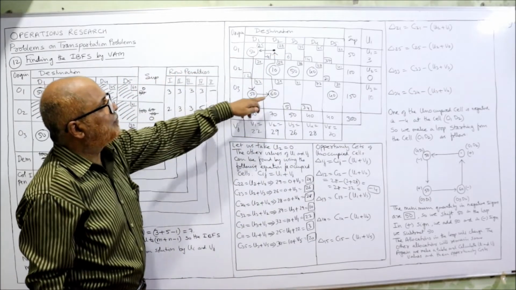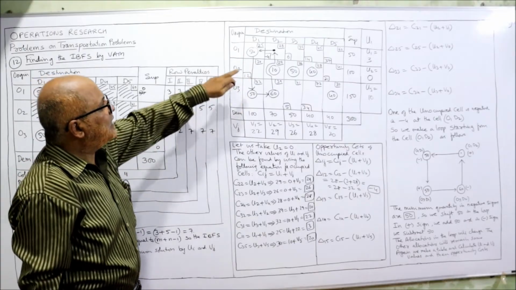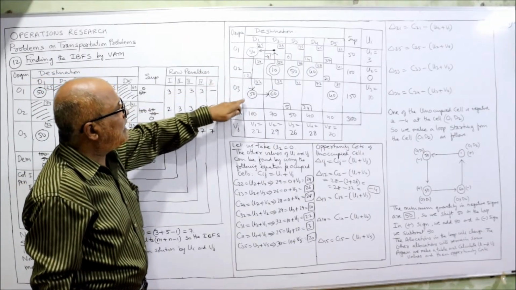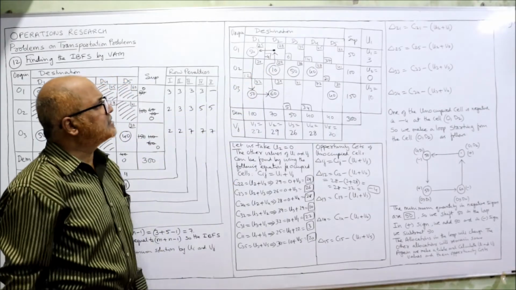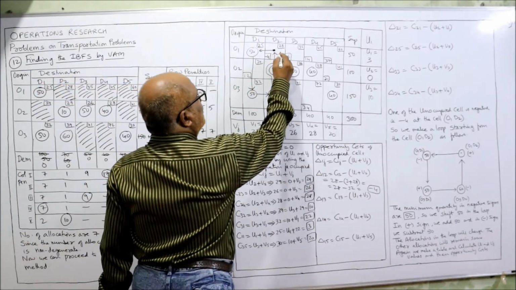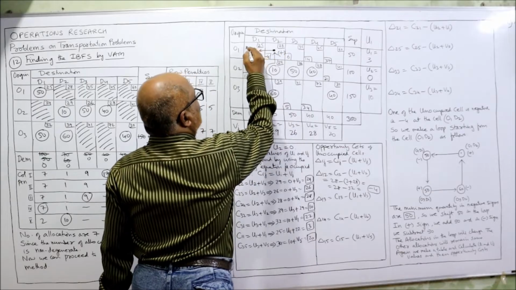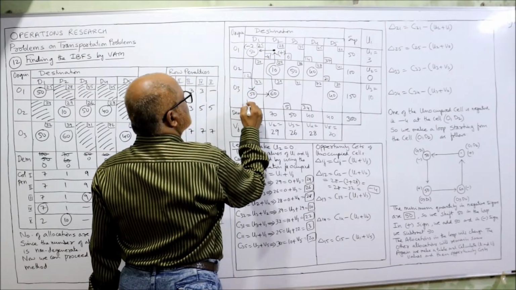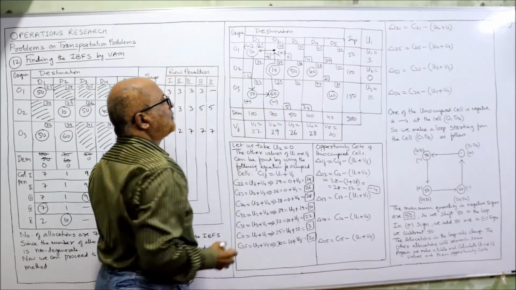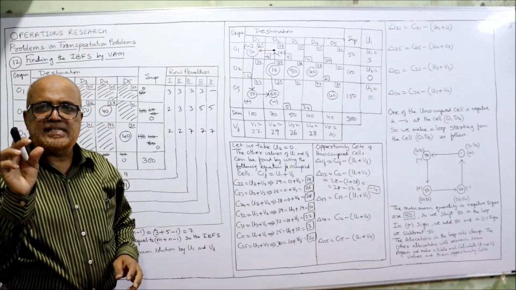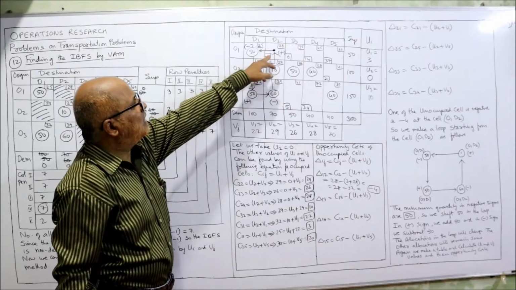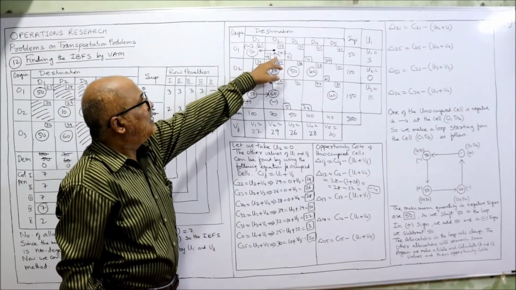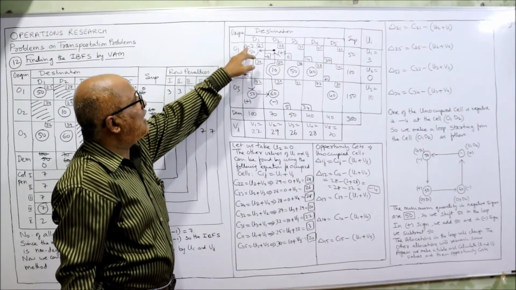This is the loop, because I am making a 90 degree angle wherever I am taking a turn. Here, just skipping this occupied cell. So now I will mark positive, negative, positive, and negative. Starting from the cell where we are starting the loop, take positive. Here I am starting the loop, take positive, right? Then I am coming left side and negative.